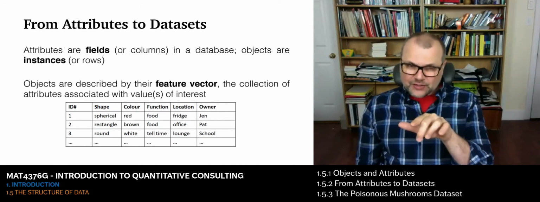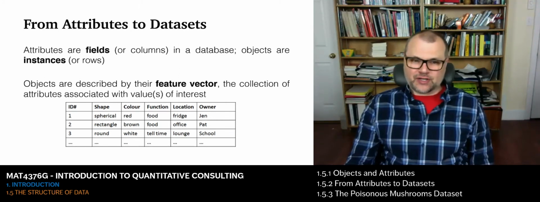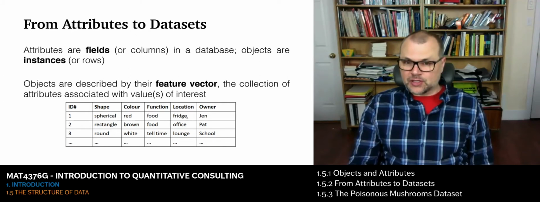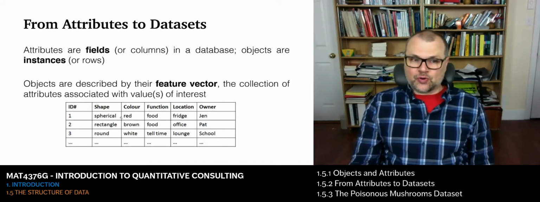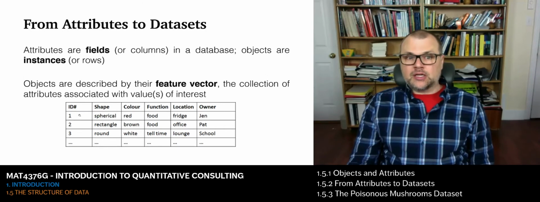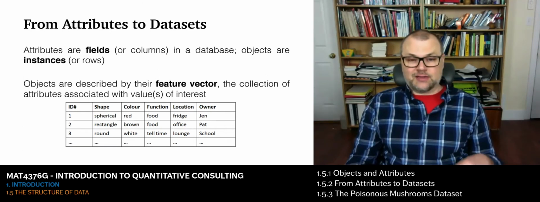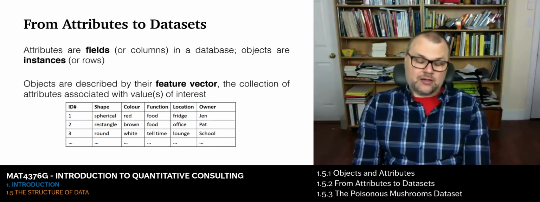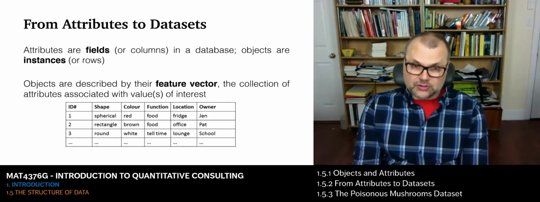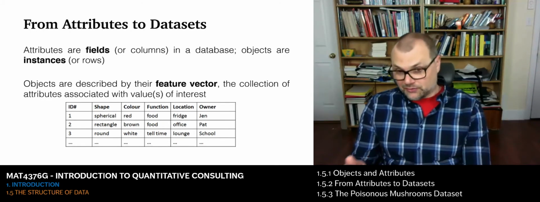The feature vector, which is the specific collection of measurements of all the features for a given object, is meant again to represent the object. It's a finite representation of the object in data form.